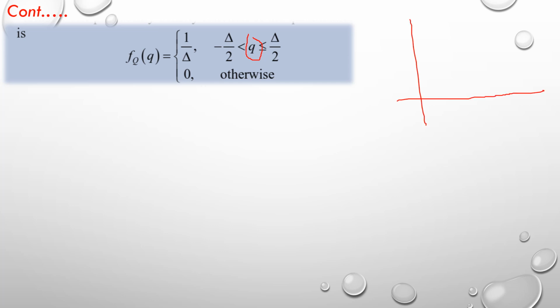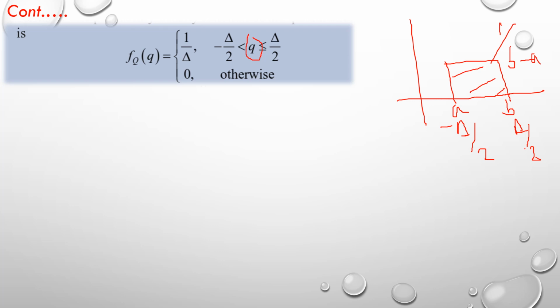Let's consider a spectrum, where this is A and this is B. The area of the spectrum is equal to 1 divided by B minus A. Here in this particular example, the range varies from minus delta divided by 2 to delta by 2. In the case of the probability density function, we have to find the total area.